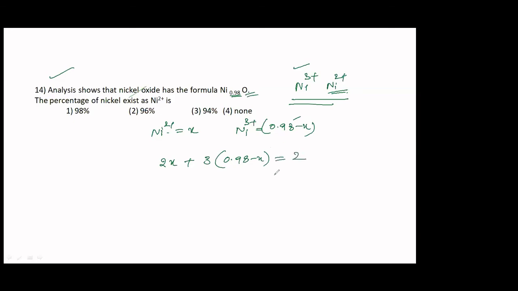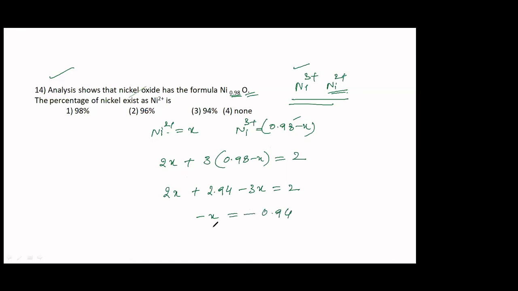You have to take only the magnitude, not the sign. So 2x plus 3 into 0.98, which is 2.94, minus 3x is equal to 2. So minus x is equal to, this goes to the other side, minus 0.94.